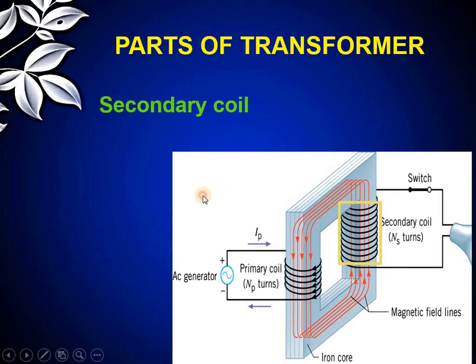Secondary coil: it is the output source. The magnetic path carries the magnetic field to the secondary coil, and the secondary coil gives us output.